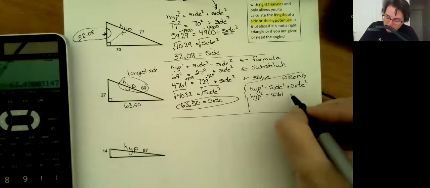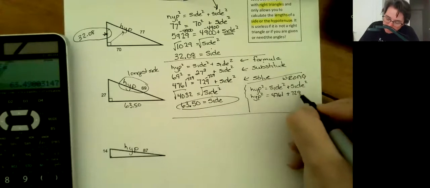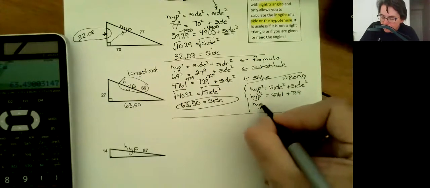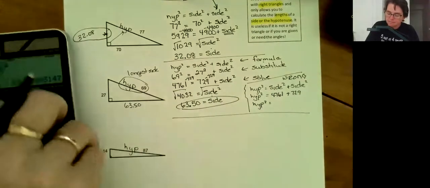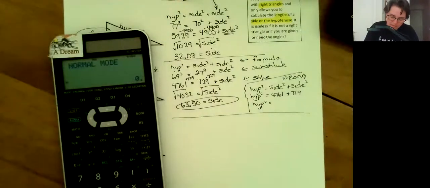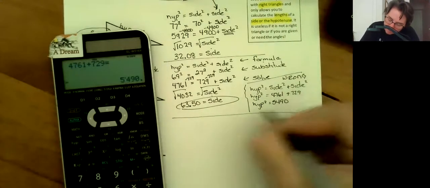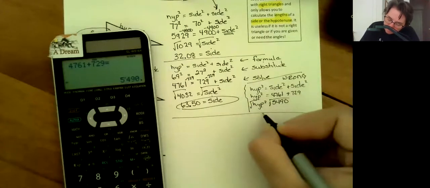I'm cheating here a little bit. Plus 729, right? I'm just stealing those numbers and pretending they're both on the same side. 4761 plus 729 is 5490. Square root, square root.